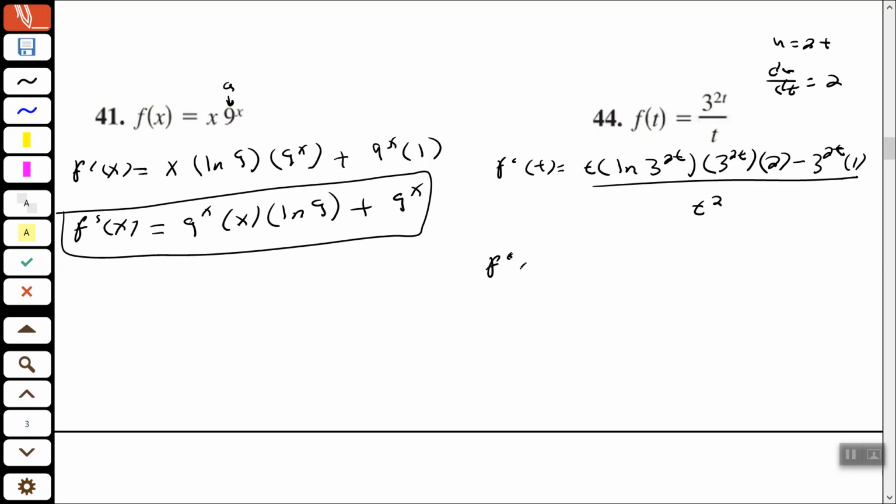Okay, so if you want to clean that up some, you can. Again, like I stated in the previous problem, I could factor out that 3 to the 2t like so. And then I would have 2t times the natural log of 3, and then minus 1.